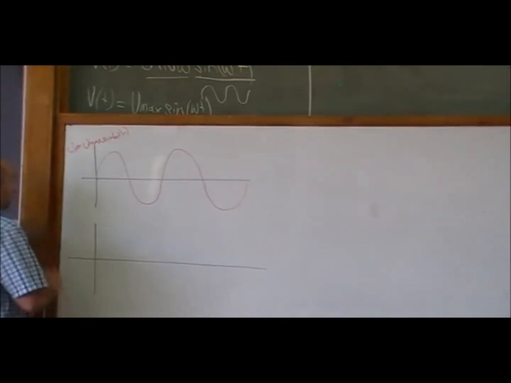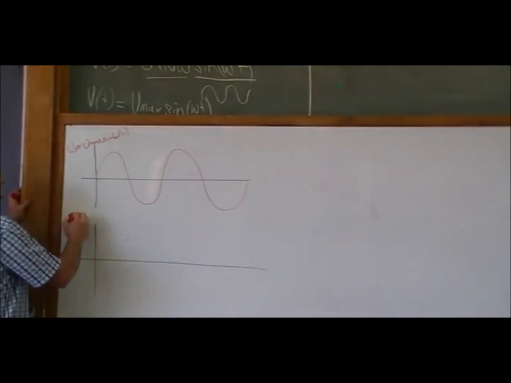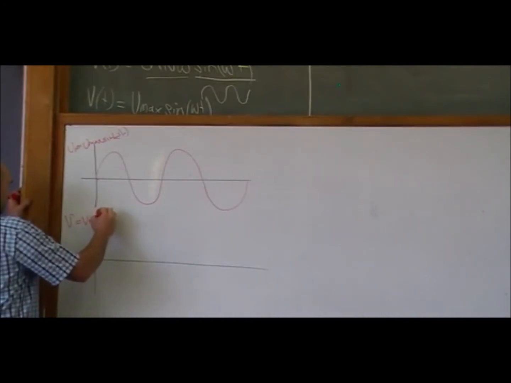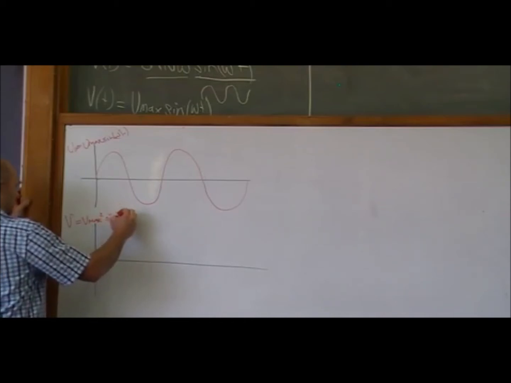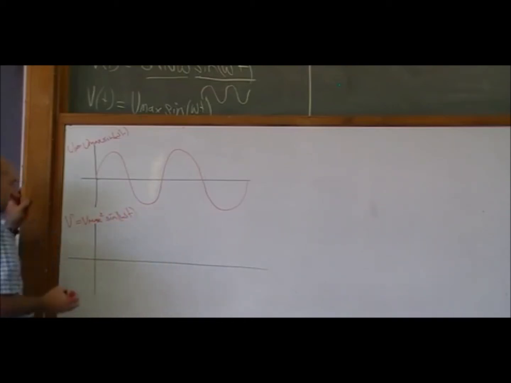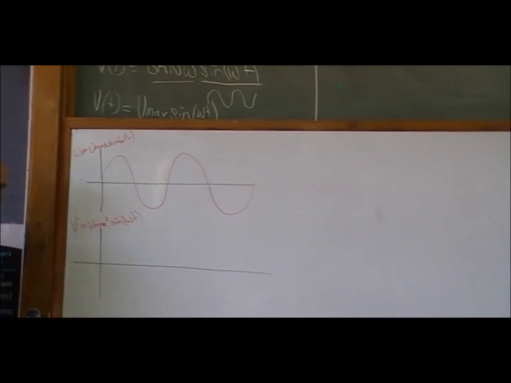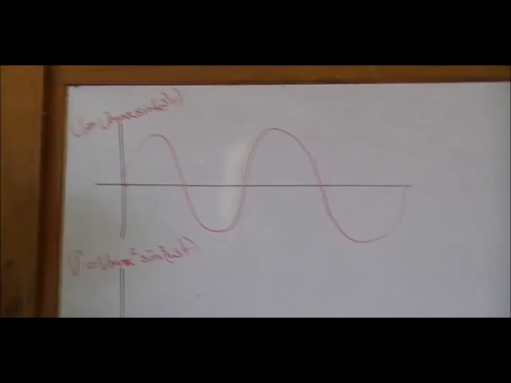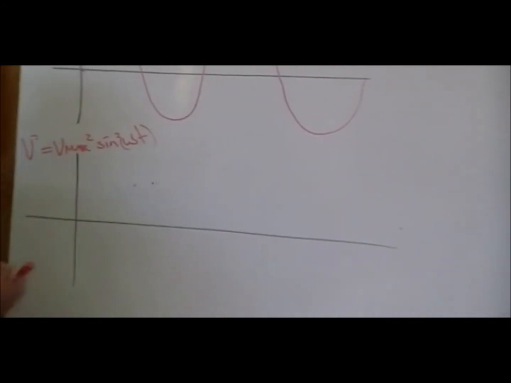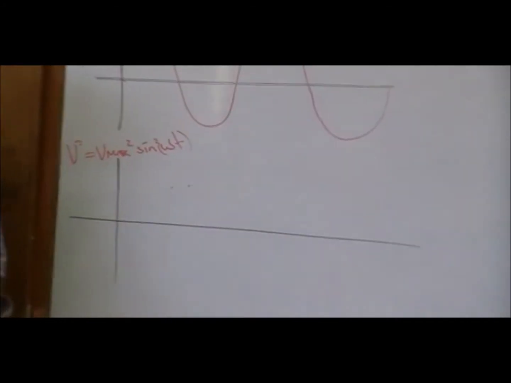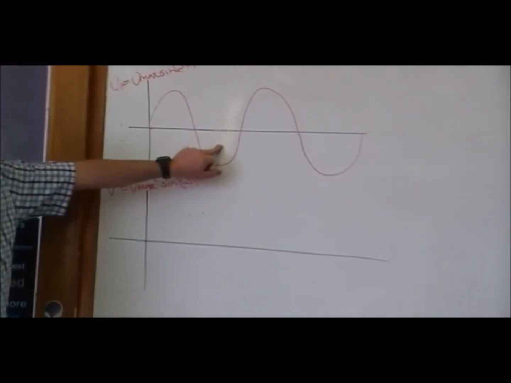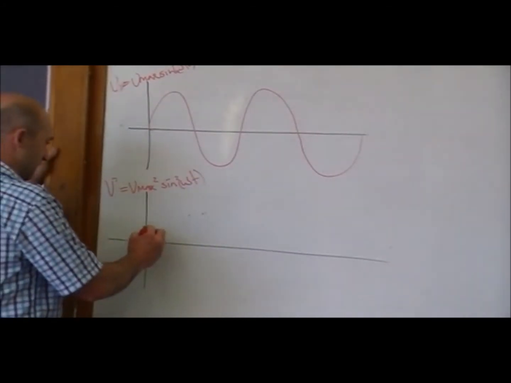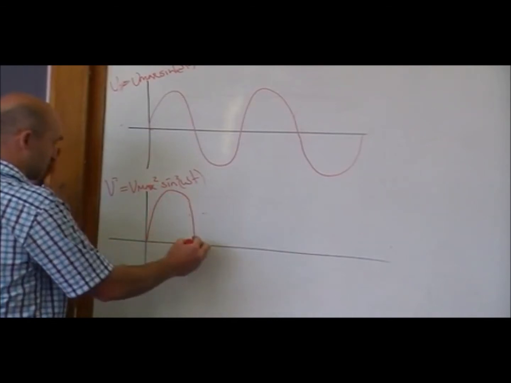And so we're plotting a function which is V squared equals V max squared sin squared omega t. What's that going to look like? Greater amplitude, shorter period, and all positive, because if you square a negative number, what do you get? Positive.